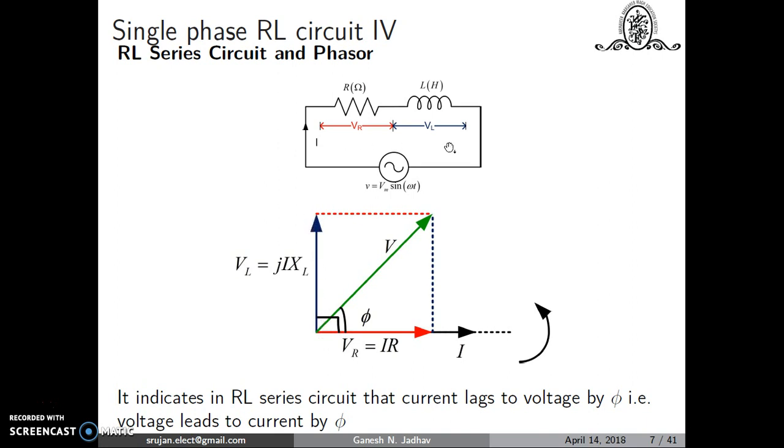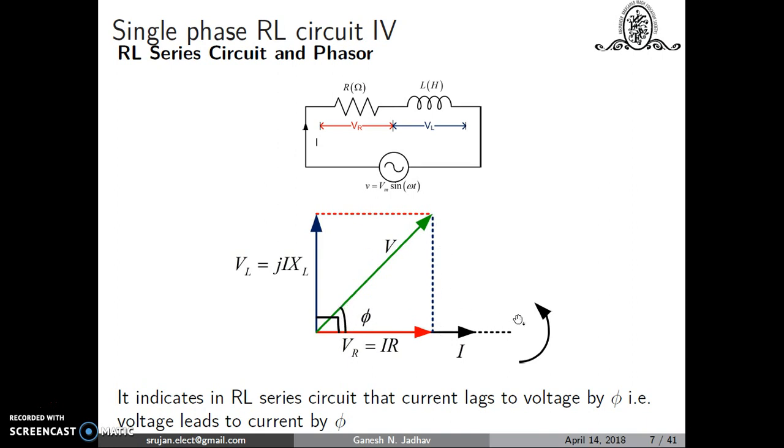We know that the total voltage V is equal to VR plus VL. So adding VL, constructing the parallelogram between VR and VL, the line joining the origin to this corner represents my V. The angle between this voltage and current is phi, which represents the power factor angle.